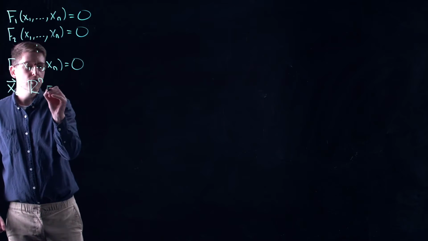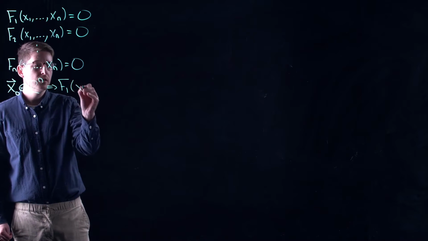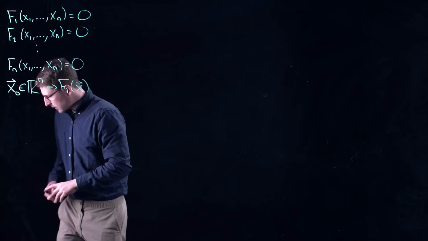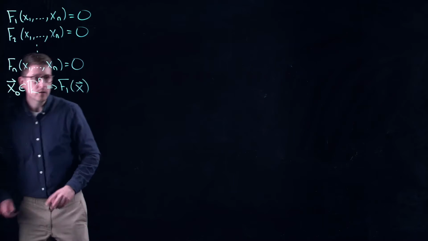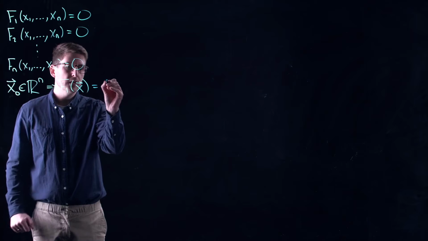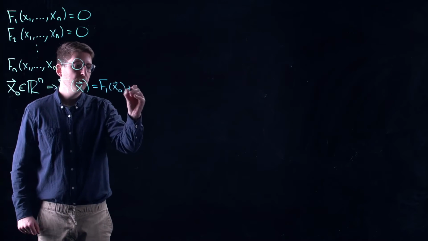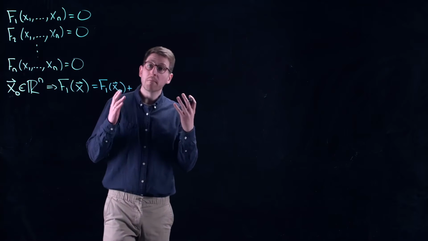Okay, then what I could do is expand my function f1 near x0 using a Taylor expansion. So this would be f1 of x0 plus, now we have partial derivatives.